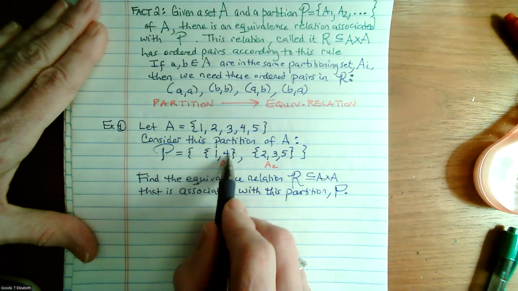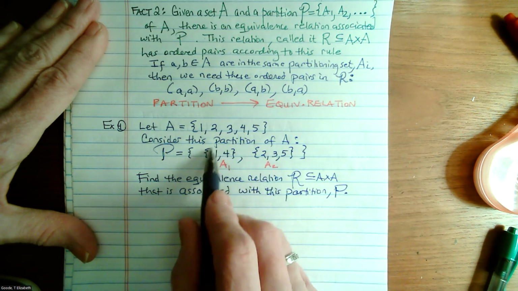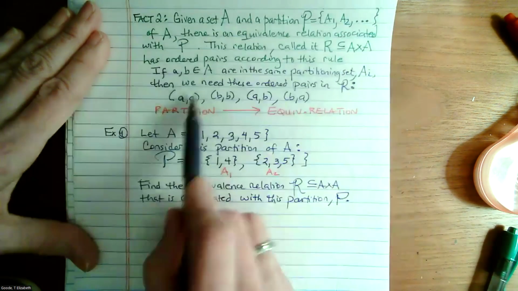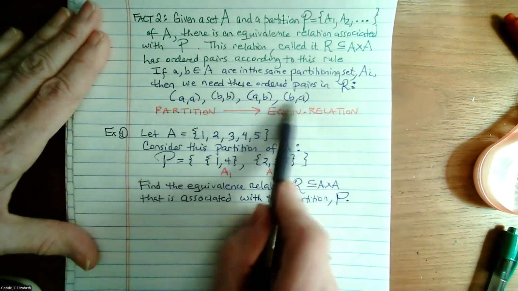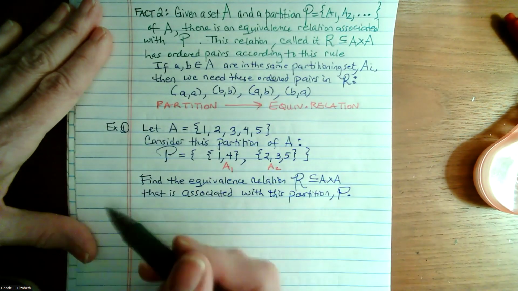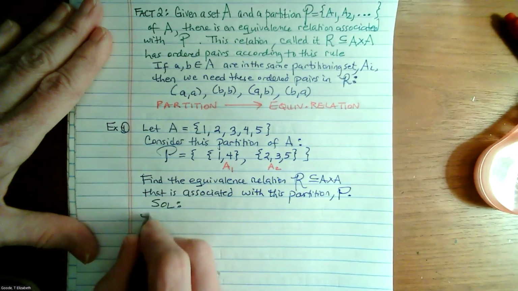If elements are together in a subset of the partition, so they're in the same partitioning set, they have to be related to each other in every way possible. That means we need all these. So let's go ahead and do this. Let's solve this. We're going to build curly R.